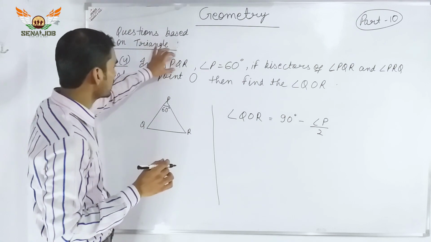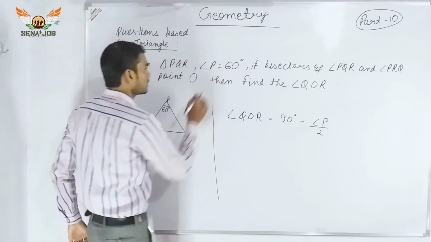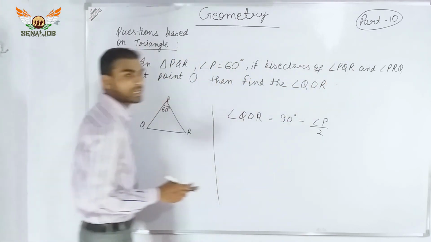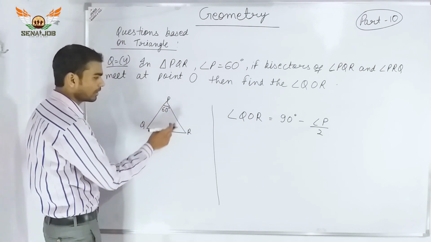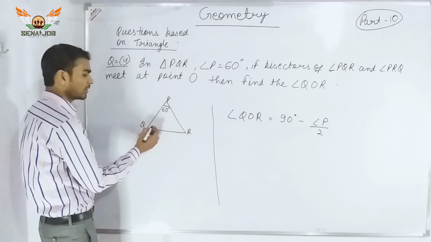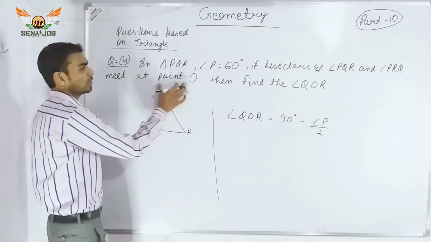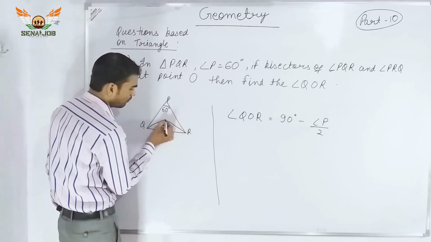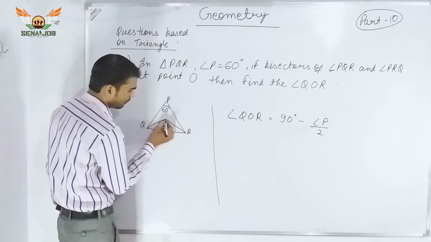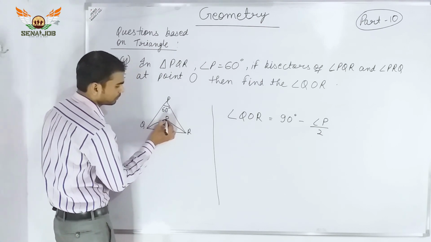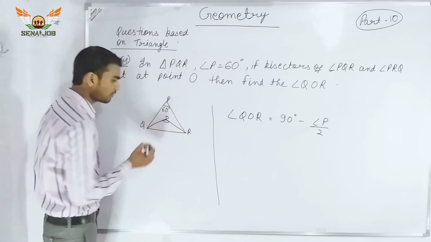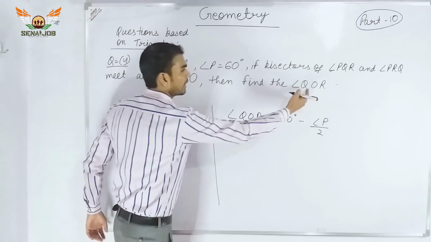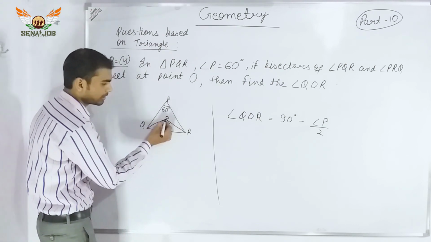Now the question is, in triangle PQR, if P angle is 60 degree, and if the bisectors of PQR angle and PRQ angle meet at point O, okay, this is point O, then find the angle QOR. This angle you have to find out.